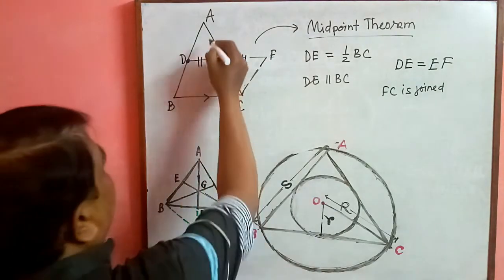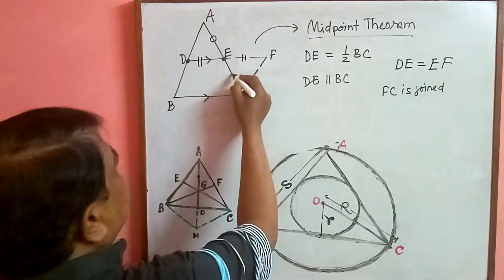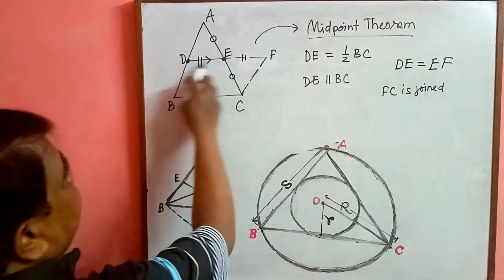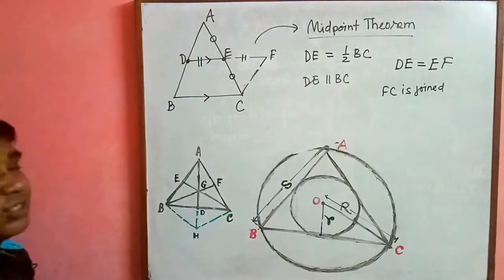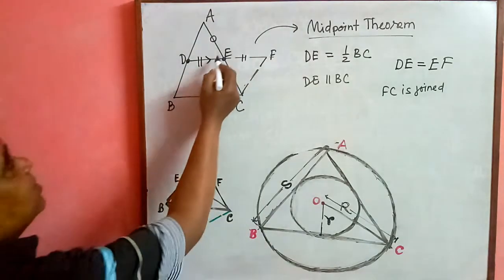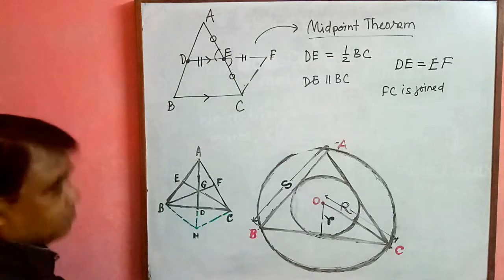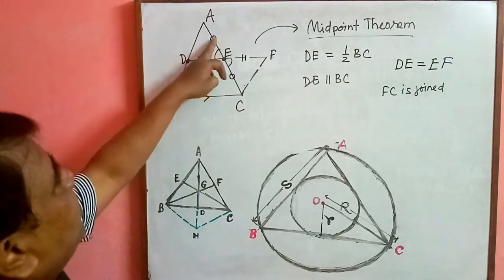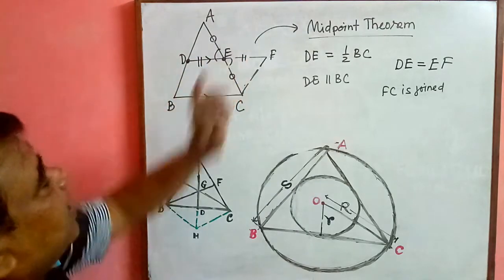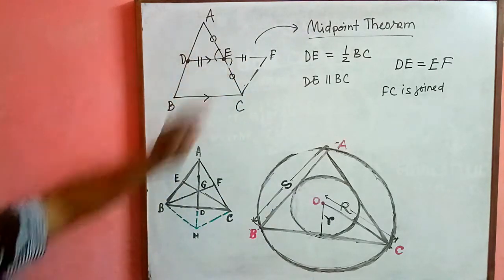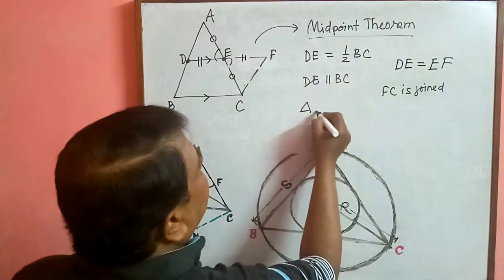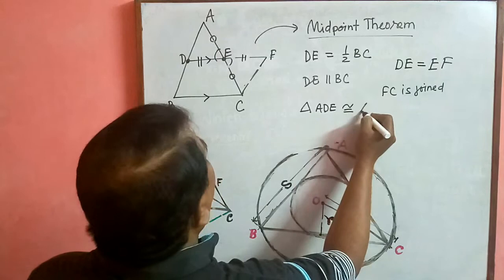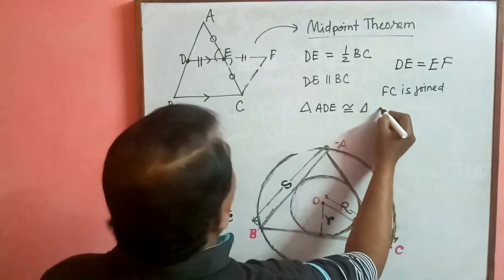Here it is already given AE is equal to EC, DE is equal to EF, that's what the construction is, and this is obviously the vertical angle. With the help of side angle side, these two triangles, I mean triangle ADE, is congruent to triangle CFE.